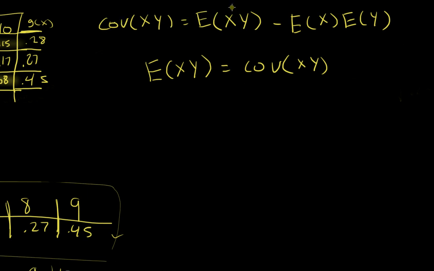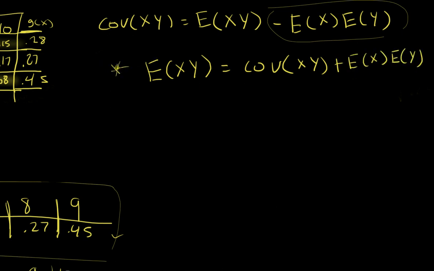If I add this piece here to both sides, then I can single out the expected value of xy. You will be rewriting this and finding the expected value of xy on the exam like this. Okay, so there's a hint for you. If you're given the covariance and you're given the expected value of x and the expected value of y, you can then find the expected value of xy.